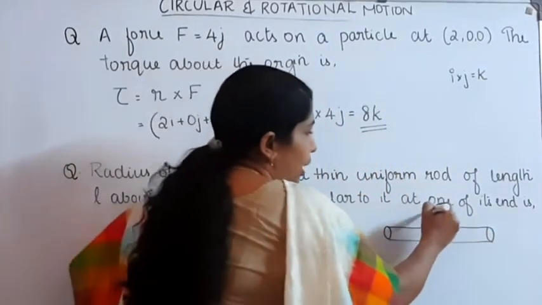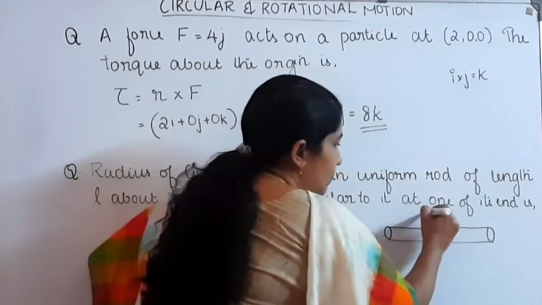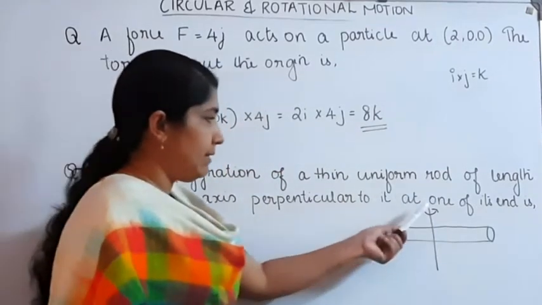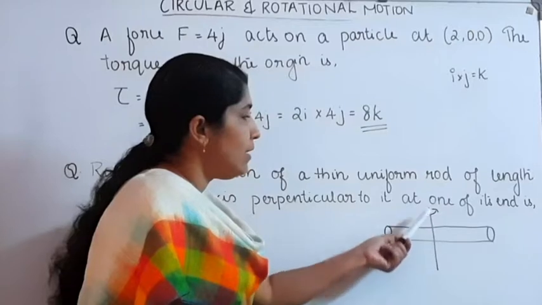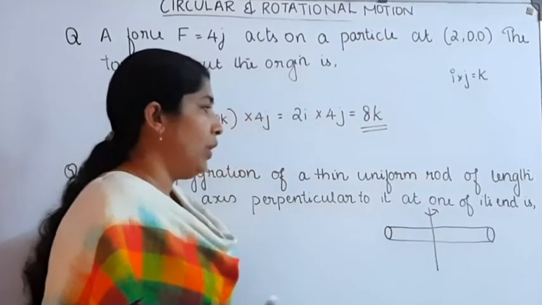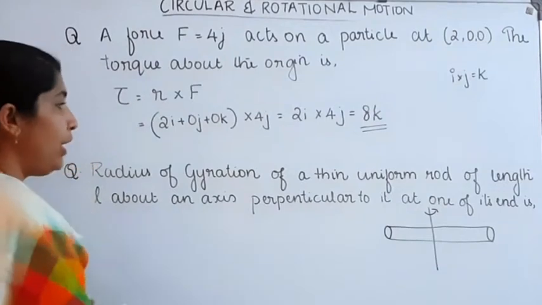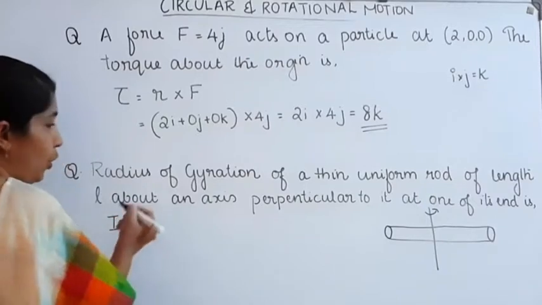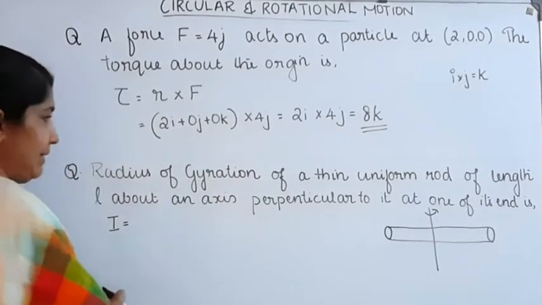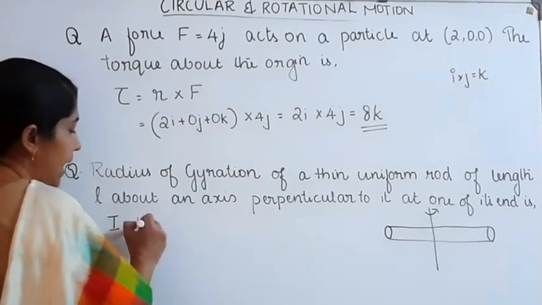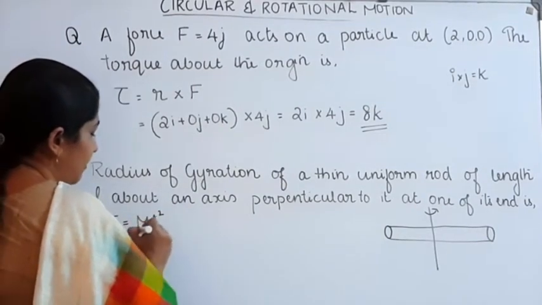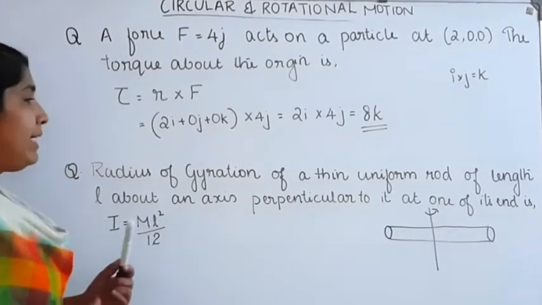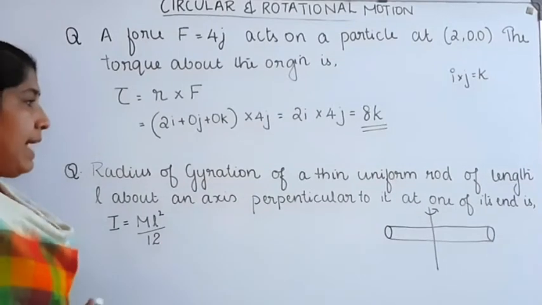The moment of inertia about an axis passing through the center of the rod and perpendicular to its length is I equal to ML square divided by 12.